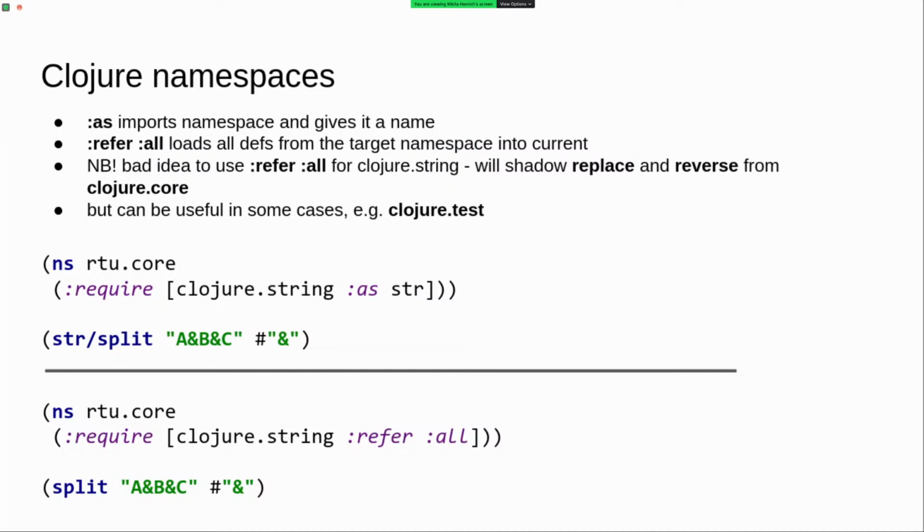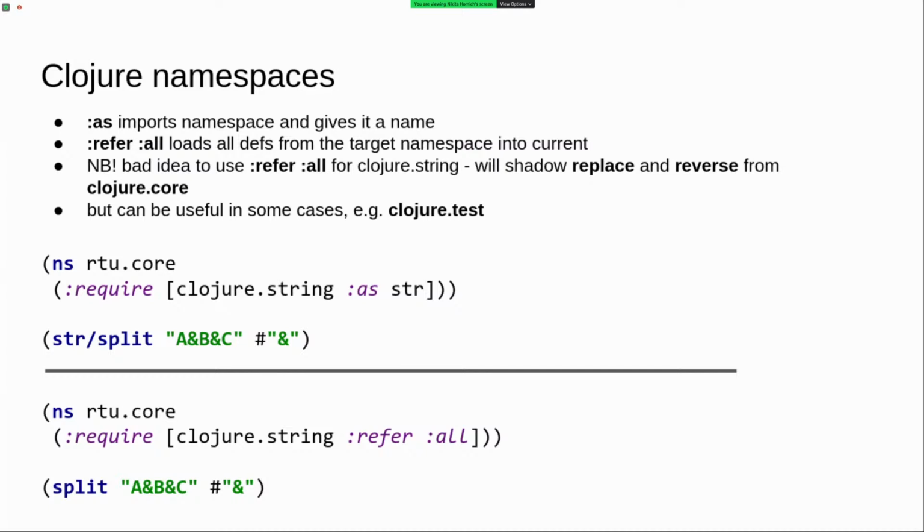But the clojure.string namespace also has functions replace and reverse, which are designed to work specifically with strings. So by referring all from clojure.string, we can run into problems.